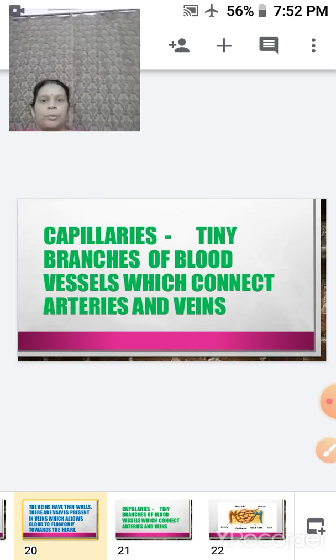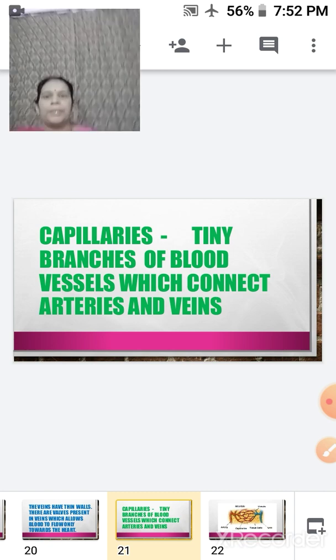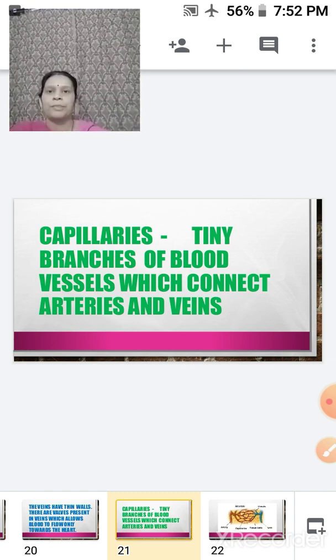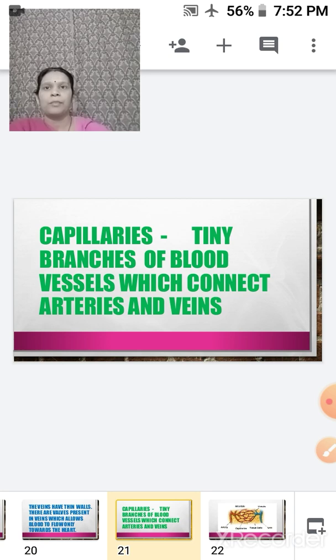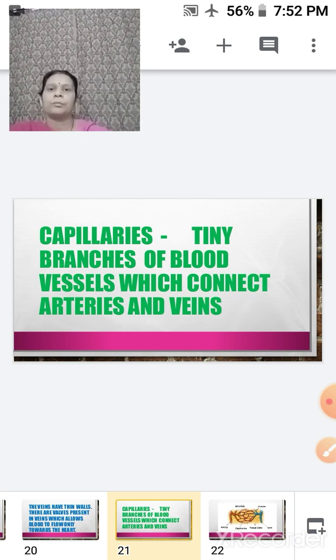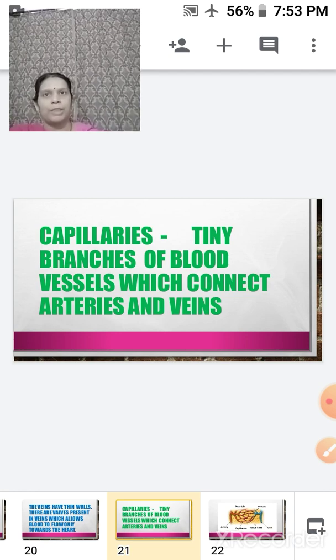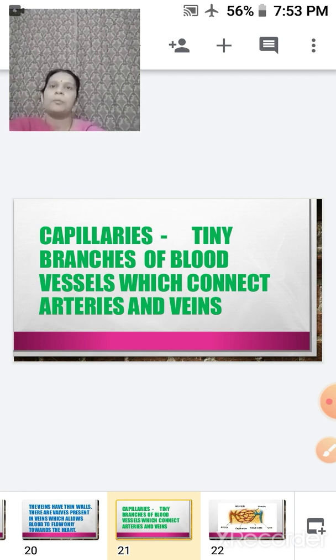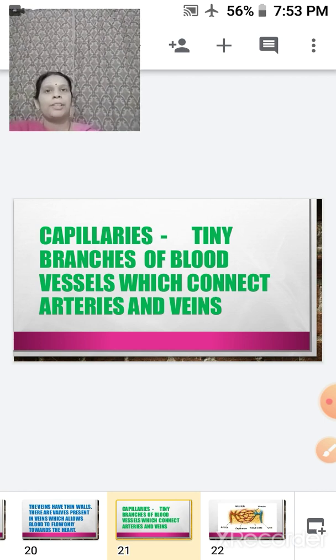Before starting with the capillaries, I will just give a short difference between the arteries and the veins. Arteries carry the oxygenated blood, whereas the veins carry the deoxygenated blood. Arteries carry the blood from the heart to the various parts of the body, whereas the veins carry the blood from the various parts of the body to the heart.